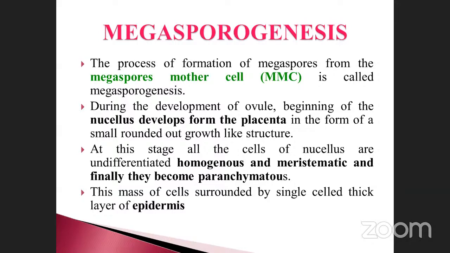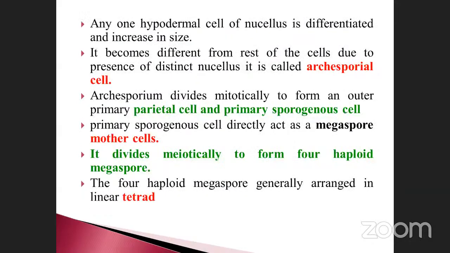Next, any one of the hypodermal cells of the nucellus is differentiated and increases in size. What is the meaning of hypodermal? Below the epidermal cells, any one cell differentiates and increases in size. It becomes different from the rest of the cells.